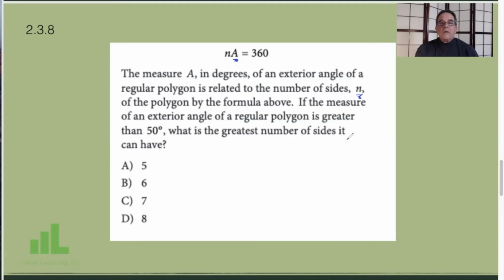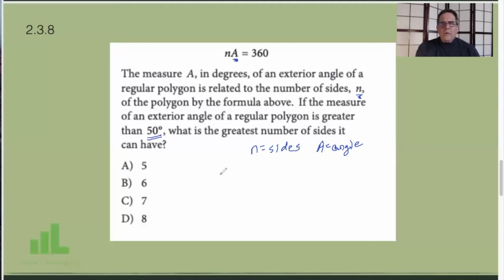Oh, n is sides and A is the measure of the angle. If the measure of an exterior angle of a regular polygon is greater than 50 degrees, what is the greatest number of sides it can have?